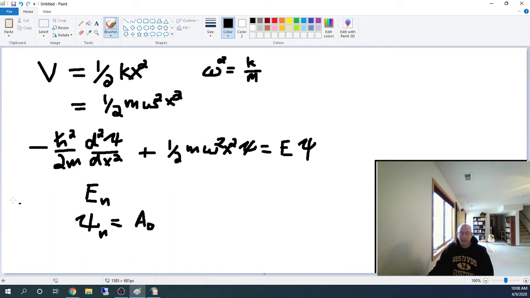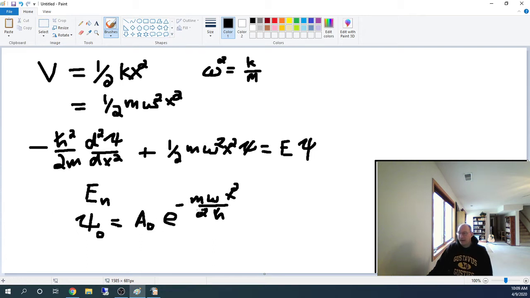The constant goes along with the 0th polynomial, and then it's just e to the minus m omega x squared over 2 h bar. So that's for n equal to 0.